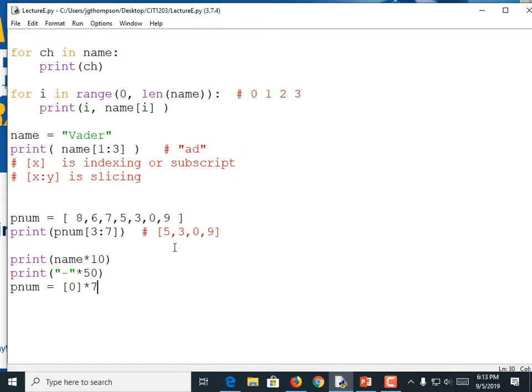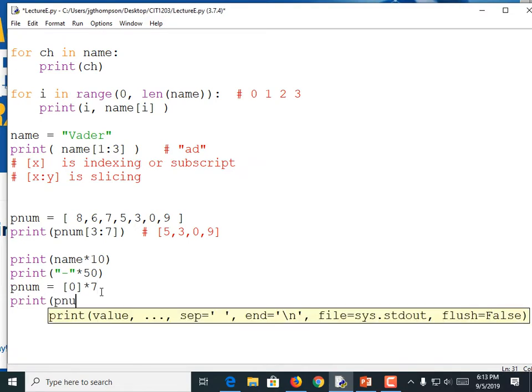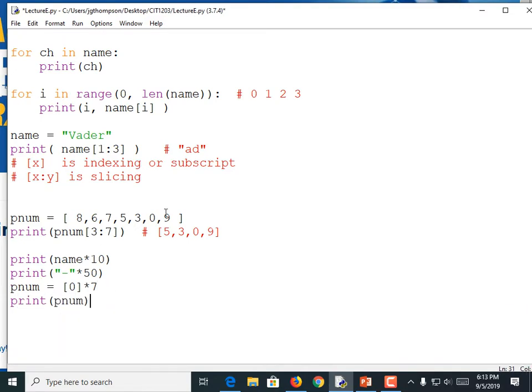And what is that going to do? It's going to allocate room for 7 numbers. And so if we print it out, print parentheses pnum, instead of seeing 8675309 or just 5309, we're going to see 7 zeros in a row.